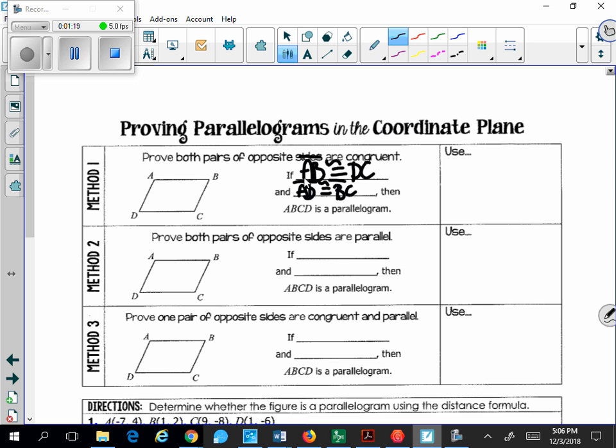So what that looks like over here is AB and DC, AD and BC. If I can show that, I can say that ABCD is a parallelogram. In order to do this, this box over here says use something. You're using the distance formula to do that. Once I go through all these, we'll look at some examples.